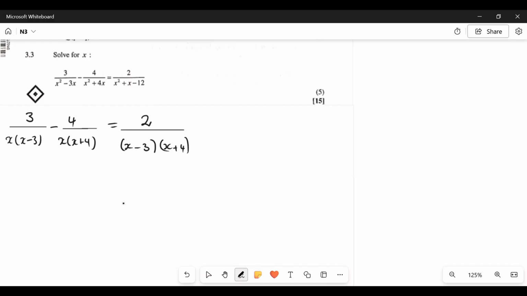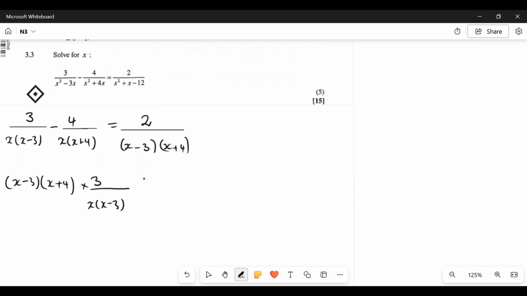Right, let's do it. So here's our denominator on our right hand side: x minus 3 and x plus 4. If we multiply the first term, 3 over x minus 3, by x minus 3 and by x plus 4, there we go.